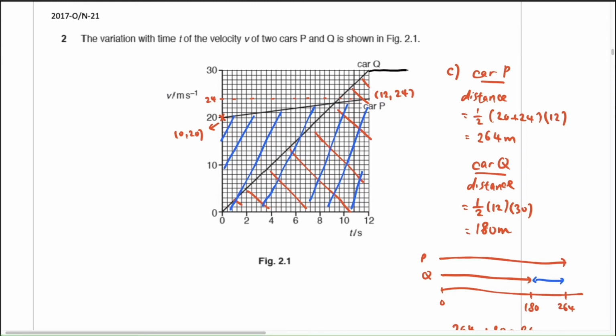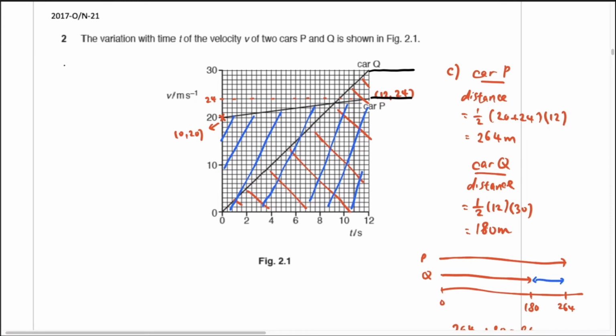So that means it becomes horizontal. This one also becomes horizontal. Okay, so car Q is faster now. So at a particular moment, car Q should pass car P again. And we want to find out the time when this happens. So we should expect both to have the same area under the graph.